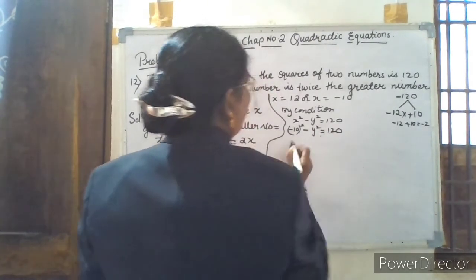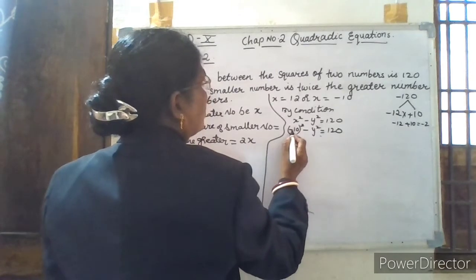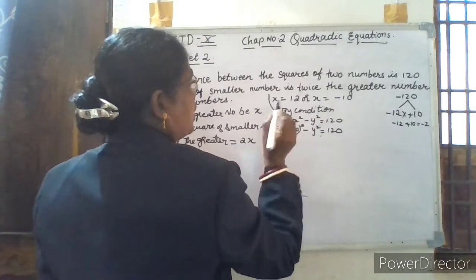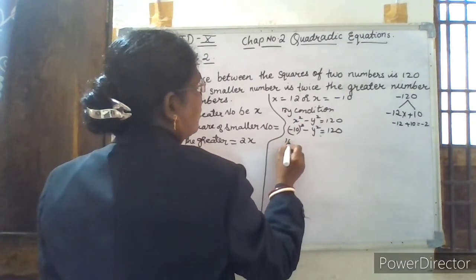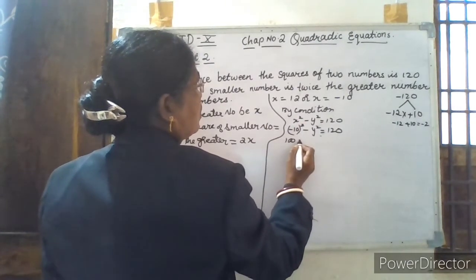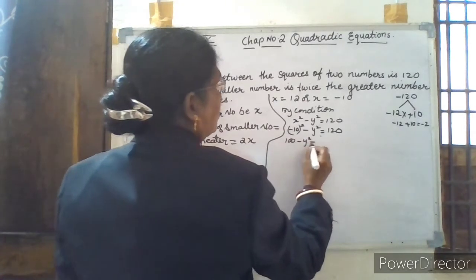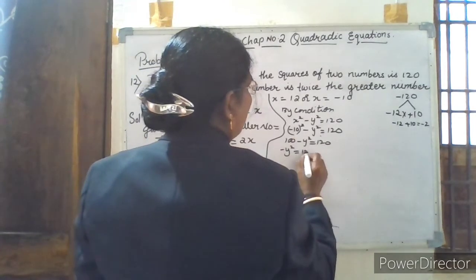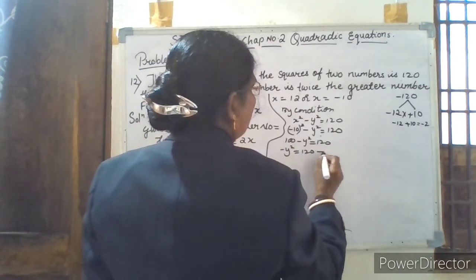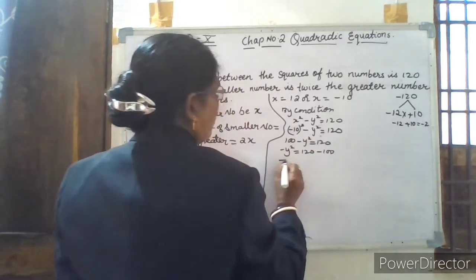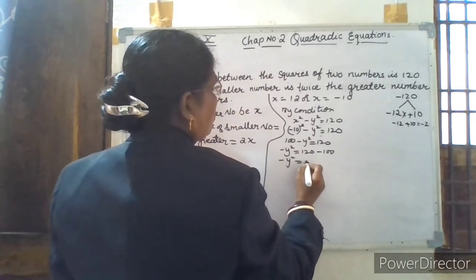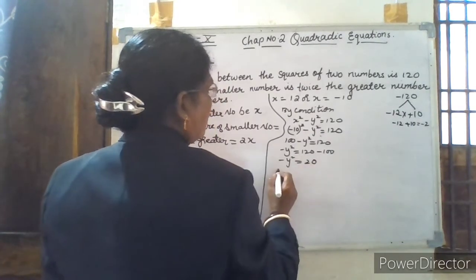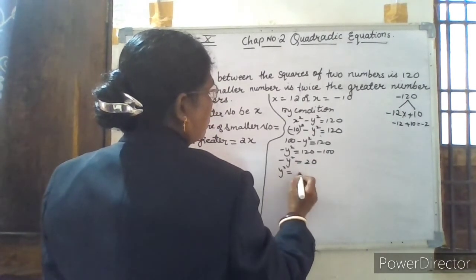So what will happen? The product of minus 10 into minus 10 is plus 100. So 100 minus y squared equal to 120. Transferring the 100, minus y squared is equal to 20, so y squared is equal to minus 20.